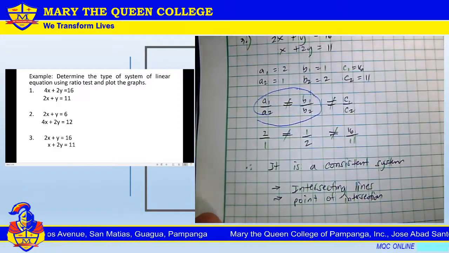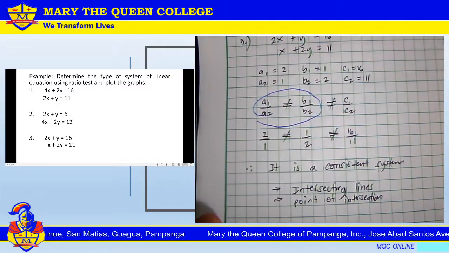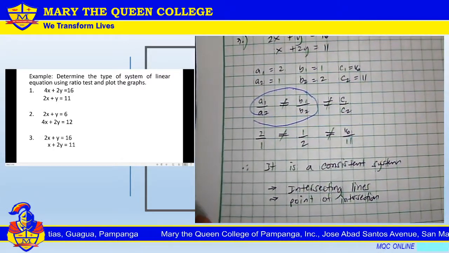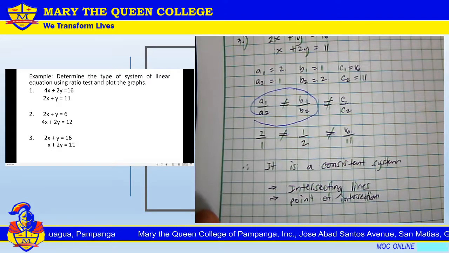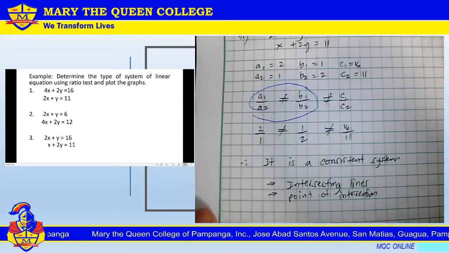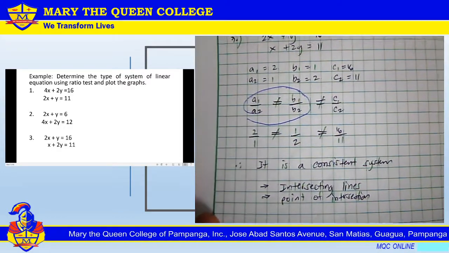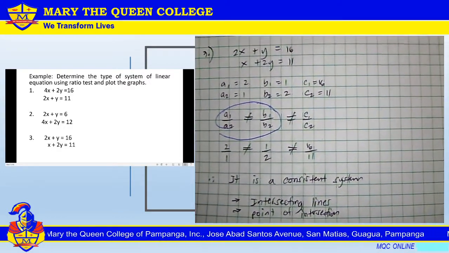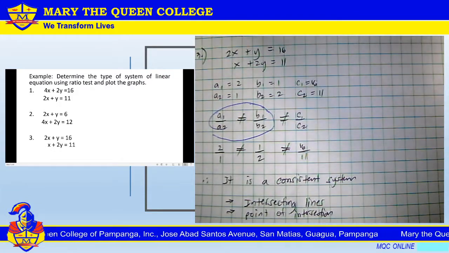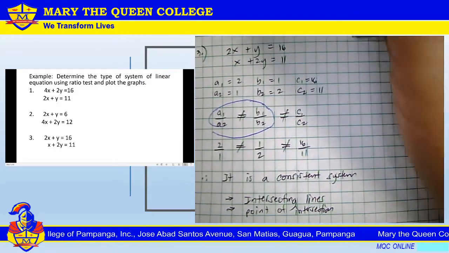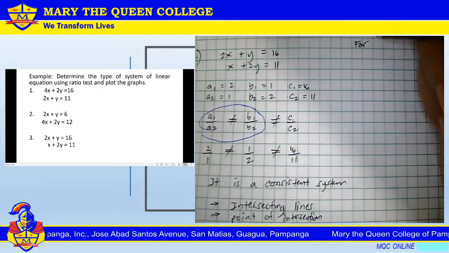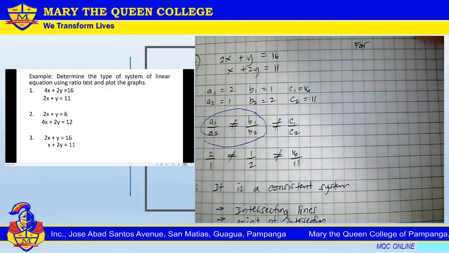With this type of linear equations, we need to focus on this because most of the linear programming problems are about consistent systems. So to prove that we have intersecting lines and a point of intersection, we have to plot these points or plot the graphs. Same, just be patient on solving or graphing.